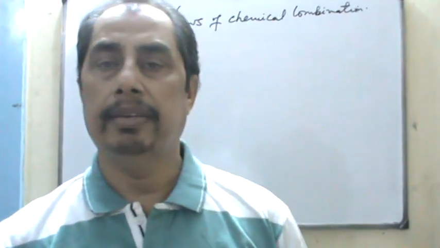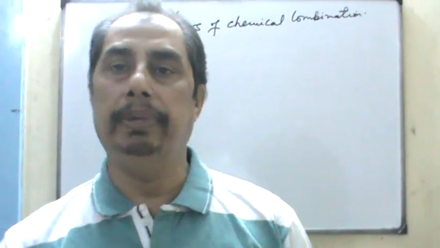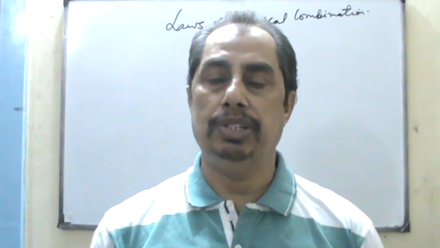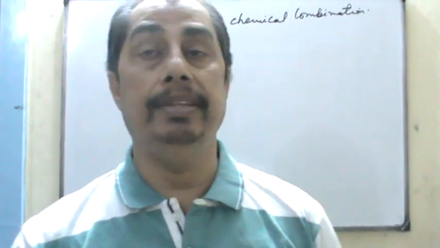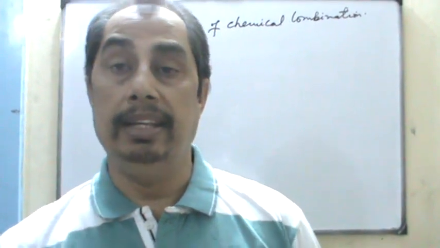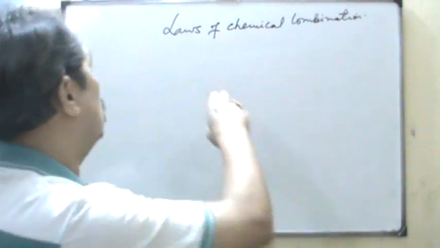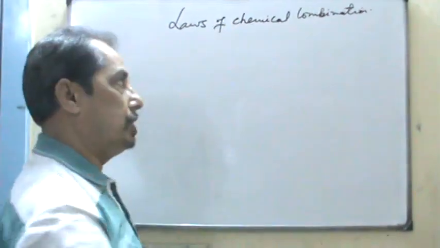In the series of lectures on the topic Basic Concepts in Chemistry, after the exhaustive discussion of limiting reagent as well as concentration and the mole concept, the last part of this chapter is laws of chemical combination.